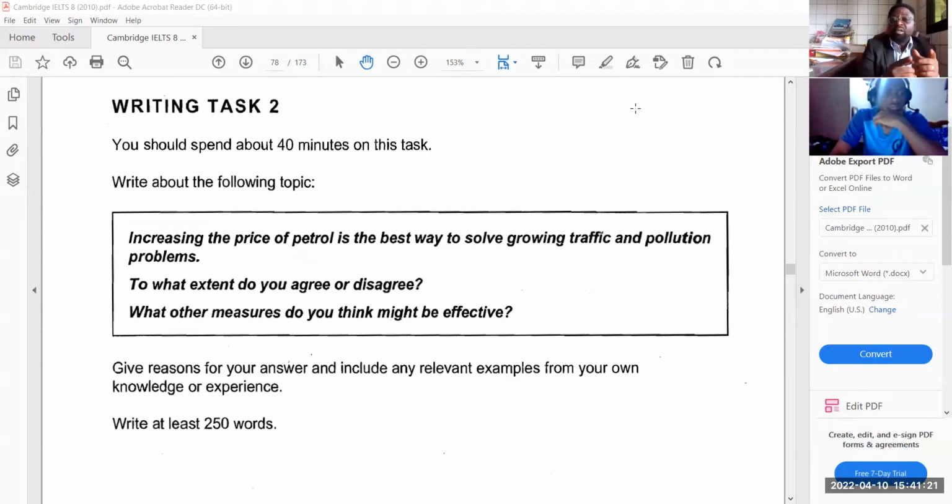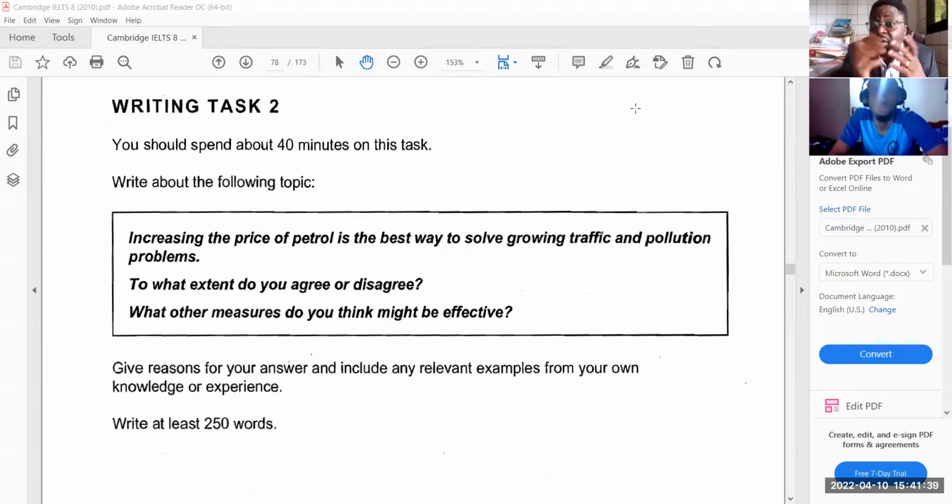So the government should not punish car owners by increasing fuel, petrol prices, but should punish those who really pollute the environment.